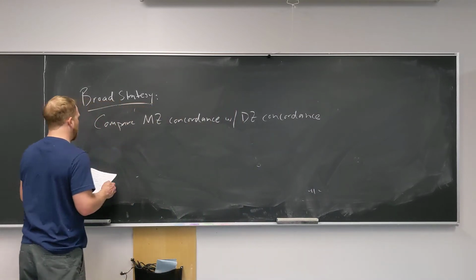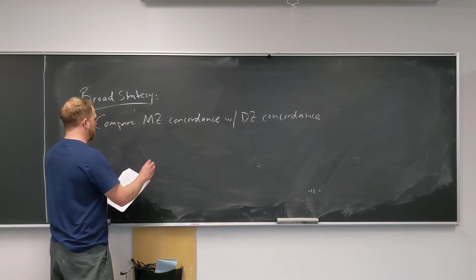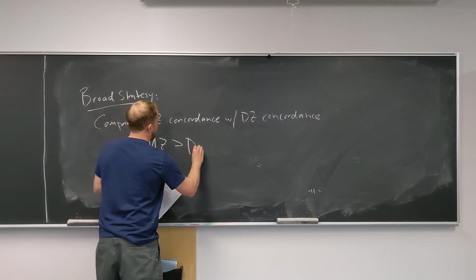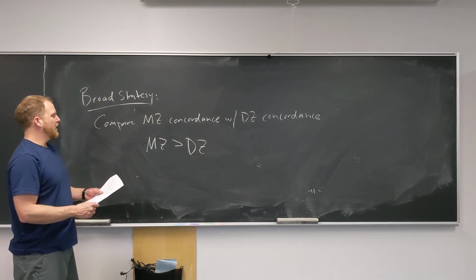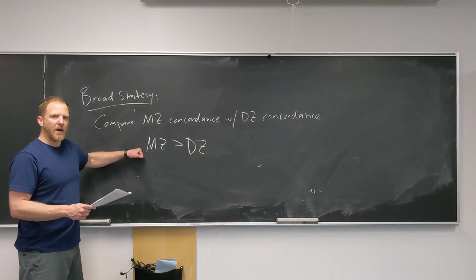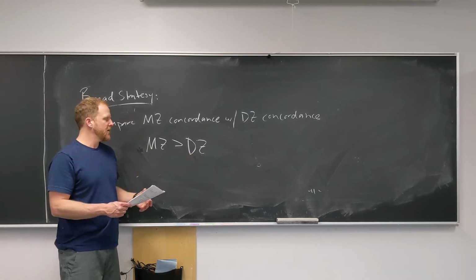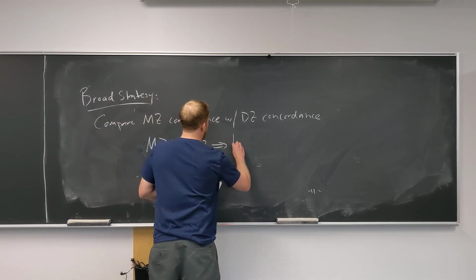Okay? And so the way to think about this is that if the monozygotic concordance is greater than the dizygotic concordance, this means that more often both monozygotic twins show the trait than dizygotic twins show the trait. This then indicates higher heritability.